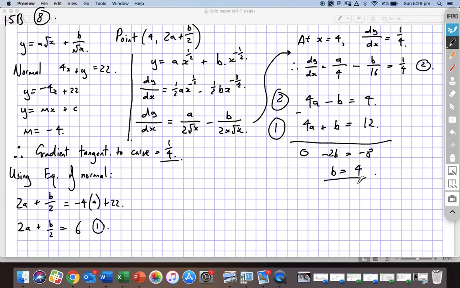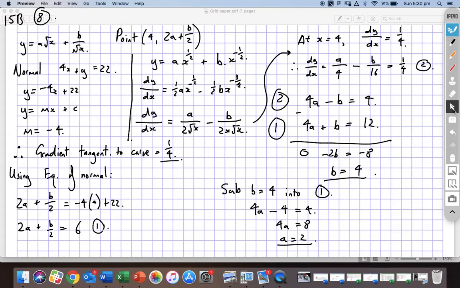Okay, if b equals 4, now I think a equals 2, but let's substitute it in. So you could say substitute b equals 4 into equation 1, and then therefore you'd have 4a minus 4 equals 4. You'd have 4a equals 8, and you'd have a equals 2. All right.